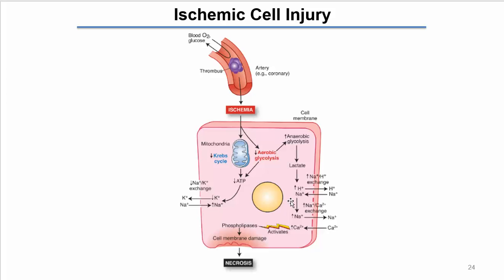The sodium and calcium get exchanged because the sodium comes in, calcium drives in to get away, and so on. That calcium screws up the cell membrane because it changes the enzymes that make phospholipids, as does the hydrogen from the lactic acid. So the cell membrane gets damaged, and this goes on more and more until the cell just dies, and that's called necrosis.